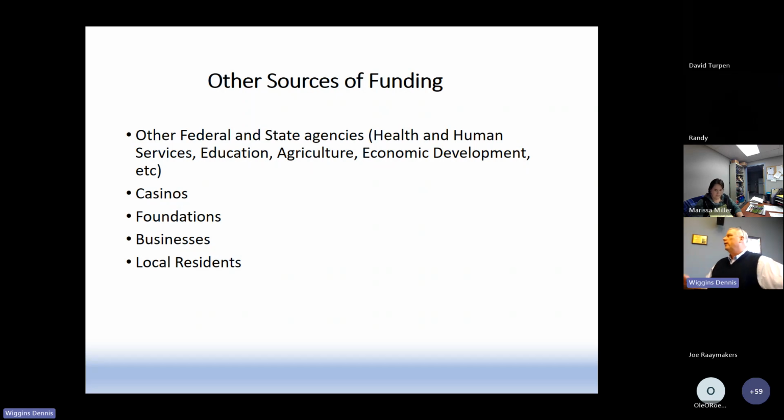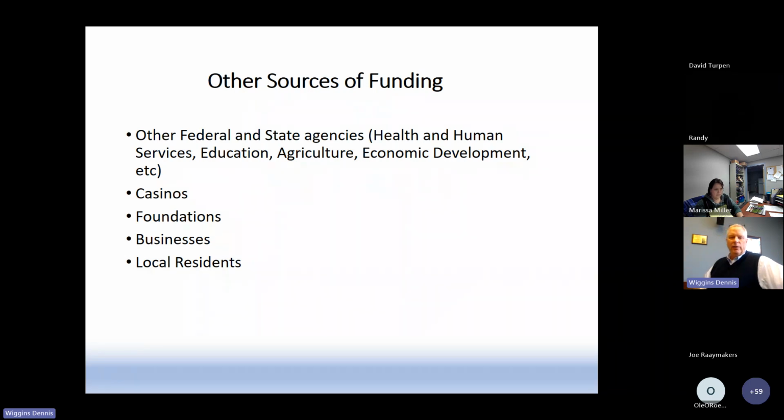They can be really useful funding sources for small projects and projects that don't take a lot of time. The applications don't take a lot of time to write. And usually it's local people, so you can get to know them and talk to them and grease the skids a little bit to make a successful application.